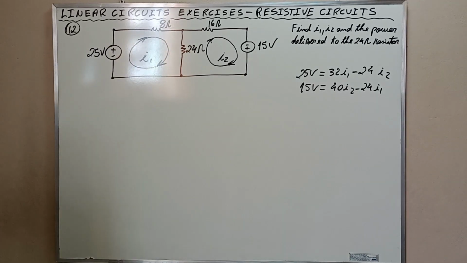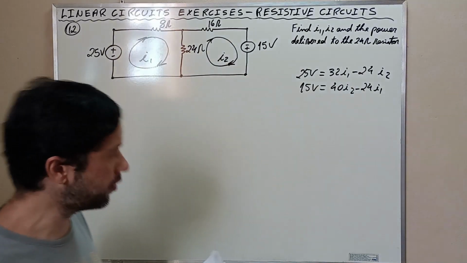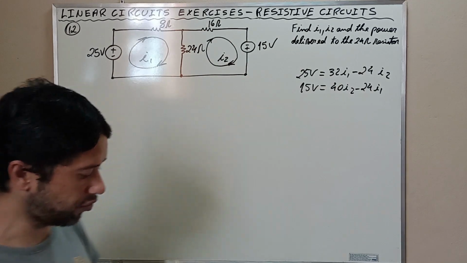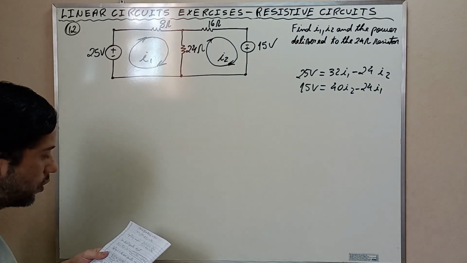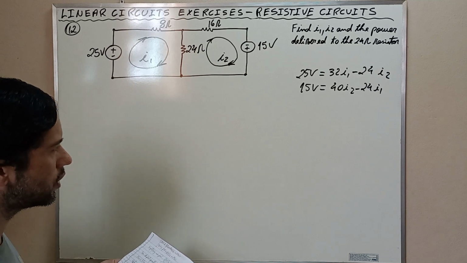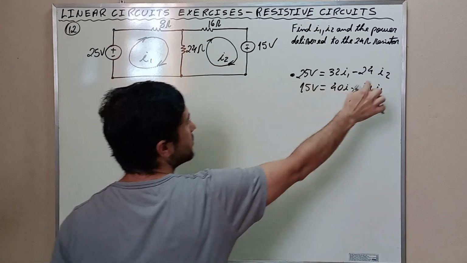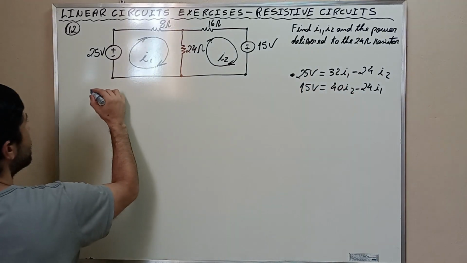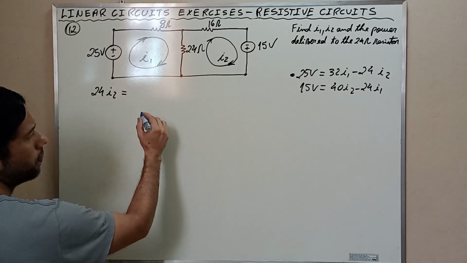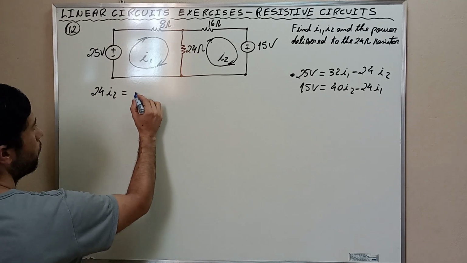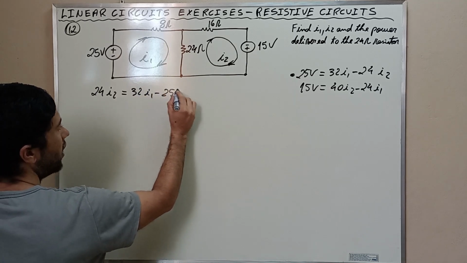I'm going to erase this part because I'm going to need some room, because we will carry out other calculations. So from the first equation here, we are going to isolate I2. I'm going to pass this to the other side. It becomes 24 times I2 equal to 32 times I1 minus 25 volts.